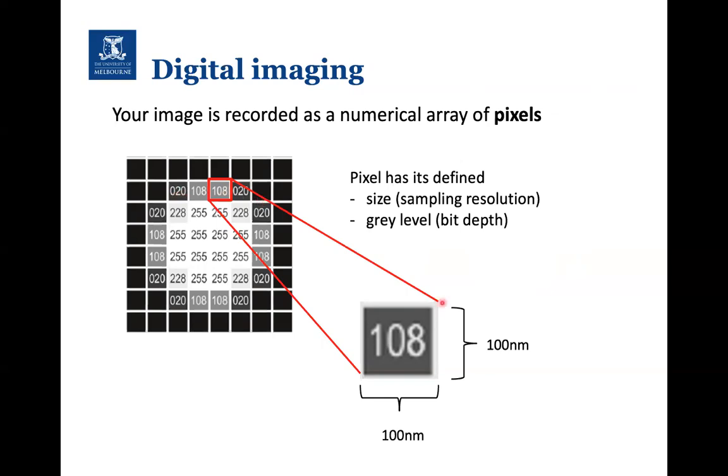Each pixel has a physical size in the image and also an intensity value associated with it, which is coming from the gray level or the bit depth of the image. So we'll cover this physical size and what the settings should be for that, and we'll also discuss our bit depth settings as well.